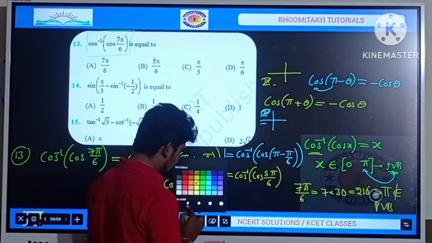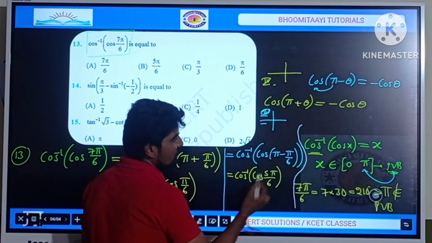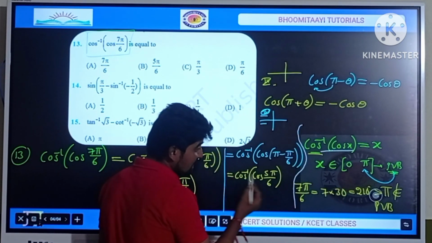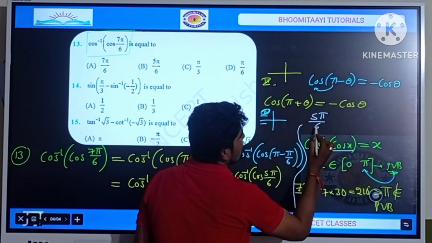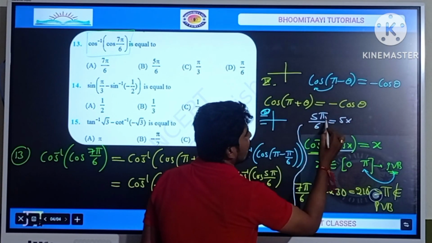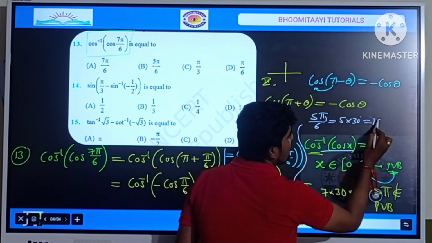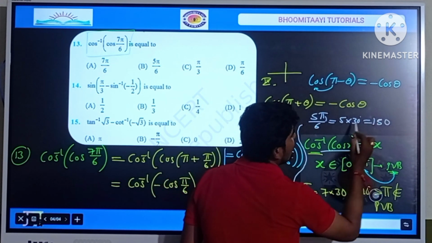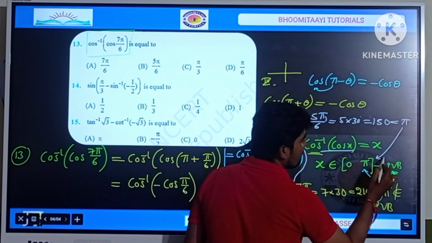Now it is of the form cos inverse of cos x, where x is 5 pi by 6. Now the degree measure of 5 pi by 6: pi by 6 means 30 degree, so 30 into 5 is 150 degree, which is less than 180 degree.